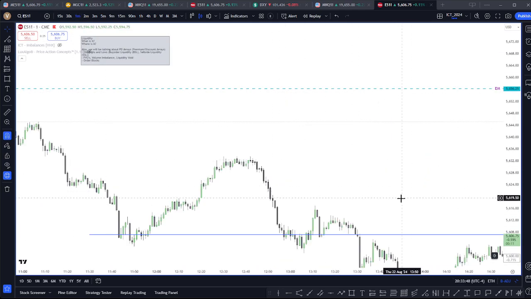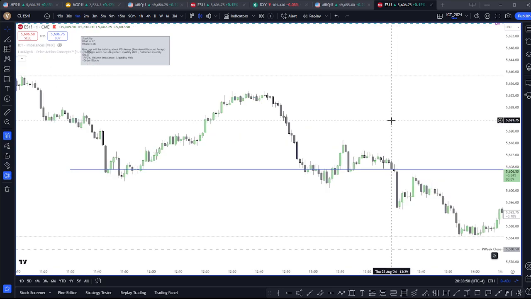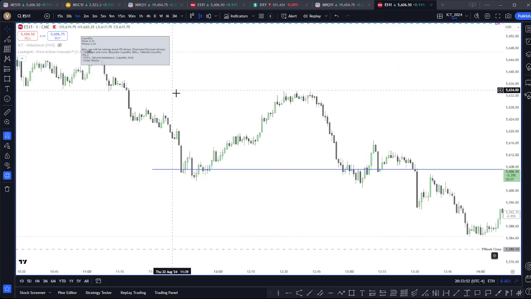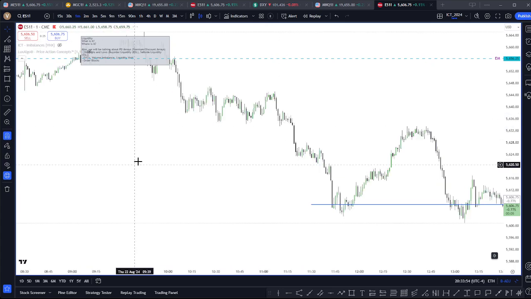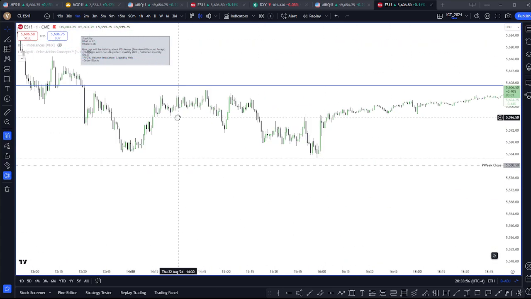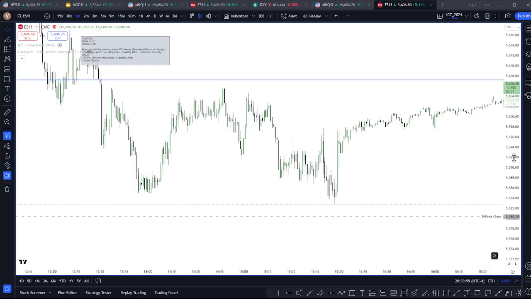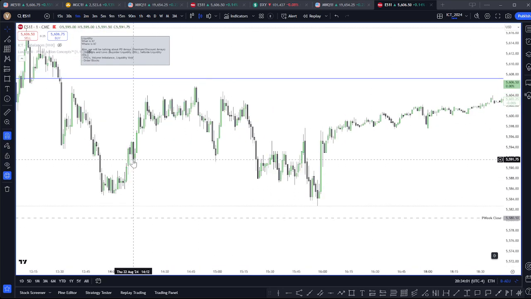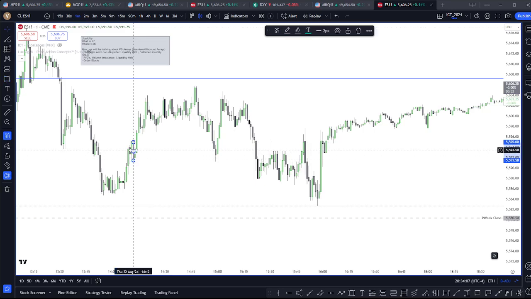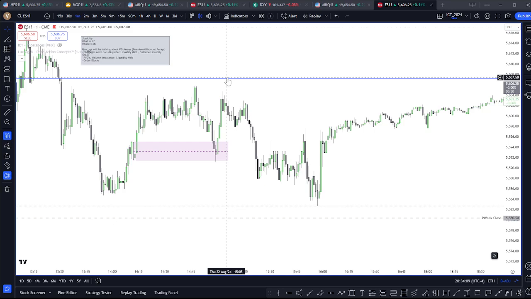Go to 1 minute chart. Let's see. See, even on 1 minute chart, same thing. Price went up, came here, and went up.